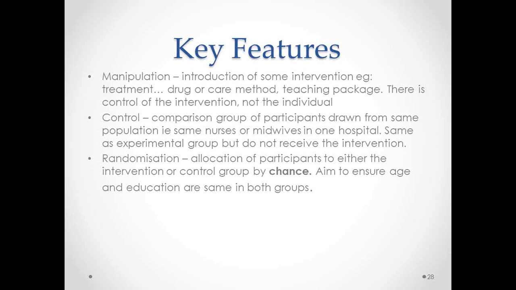So often we are doing a comparison. So we're giving this particular drug to this group of people and we're giving this drug and something else to this group of people, or we're giving this drug to this group of people and we're giving a new drug to this group of people. But there isn't a third group that aren't getting any treatment at all, because that would be unethical. So sometimes we have to play with it.